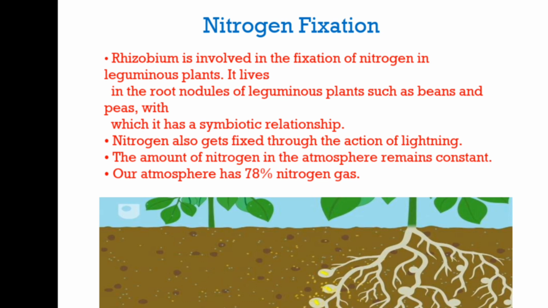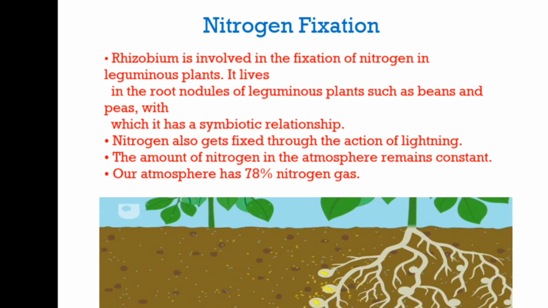So in this way this nitrogen is available for leguminous plants, and with the help of this nitrogen leguminous plants prepare proteins. They prepare pulses, peas, beans. These are the fruits, products of leguminous plants which are rich in protein, and protein contains nitrogen, and this nitrogen comes from the soil in the dissolved form, and it is fixed by rhizobium bacteria.